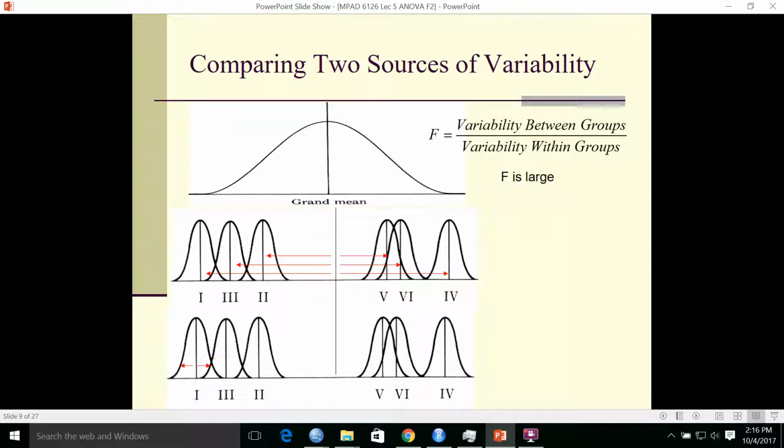And so here again, the arrows in the middle are the variability between the groups, and those arrows that just appeared are the variability within the groups.